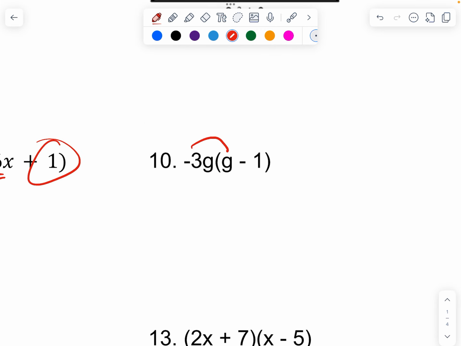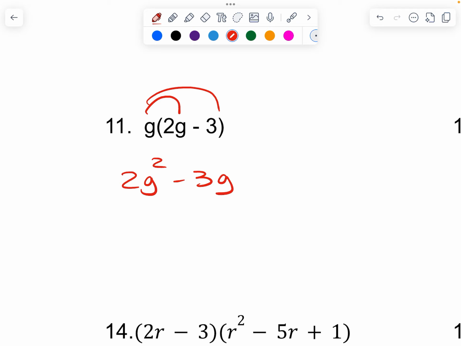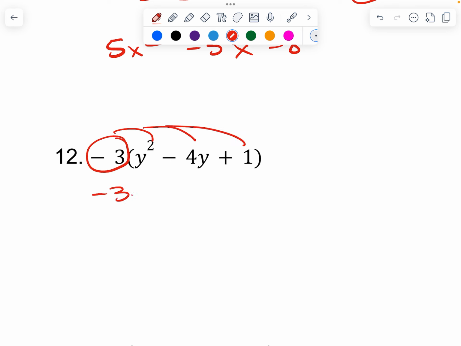This one, multiply through, get negative 3g squared plus 3g. This one, multiply through, I get 2g squared minus 3g. This one, I multiply this number all the way through, I get negative 3y squared plus 12y minus 3.